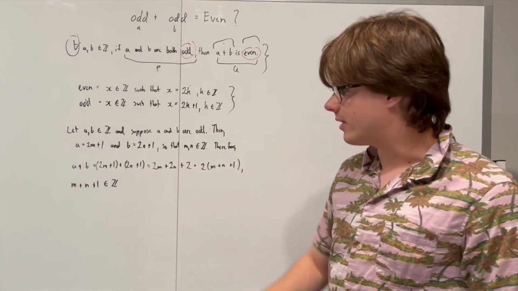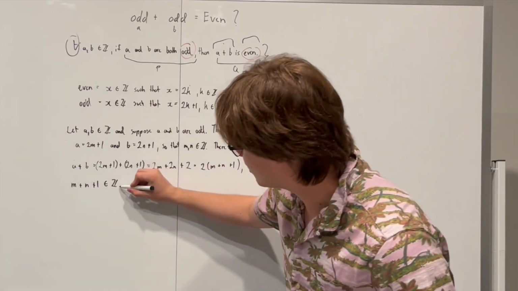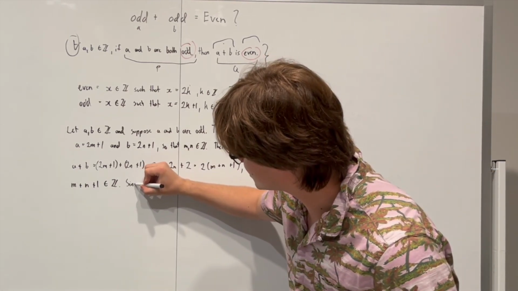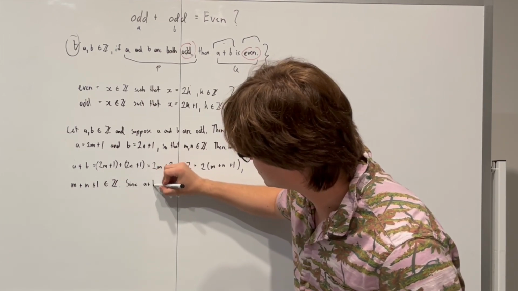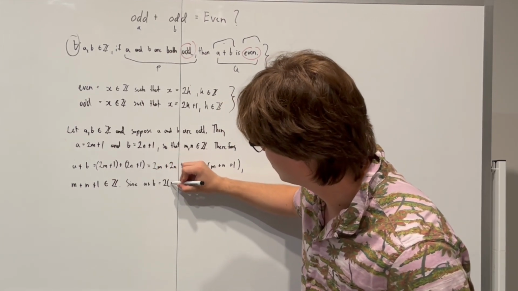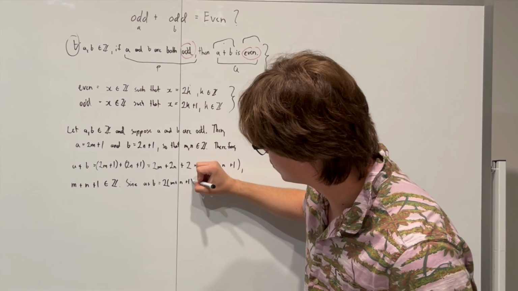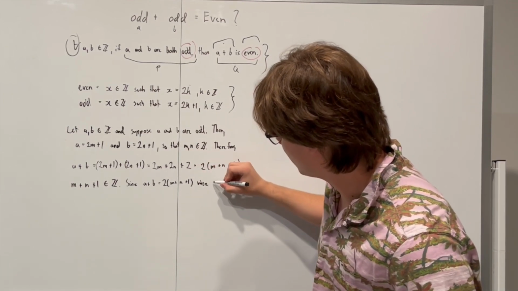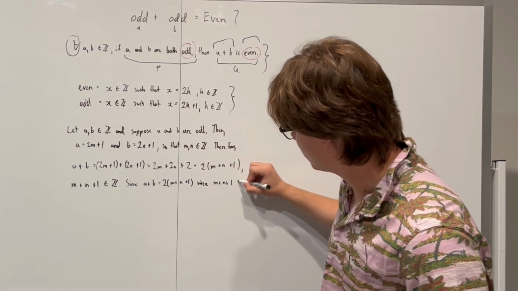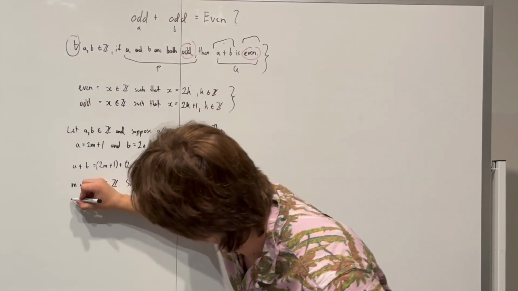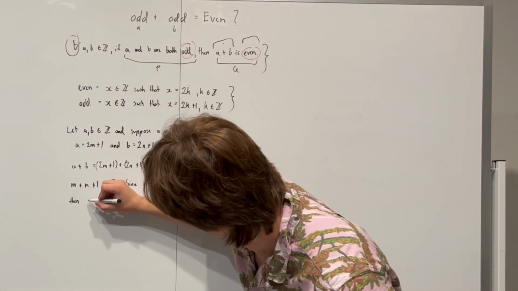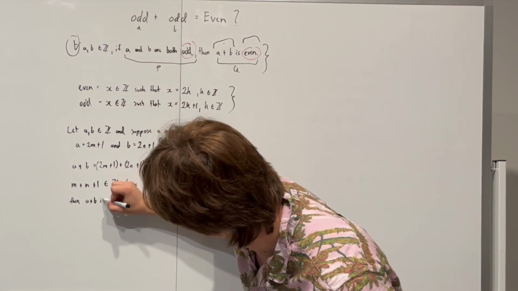And because we know this, you can just say, since a plus b is equal to 2 times (m plus n plus 1), where m plus n plus 1 is an integer, then a plus b is even.